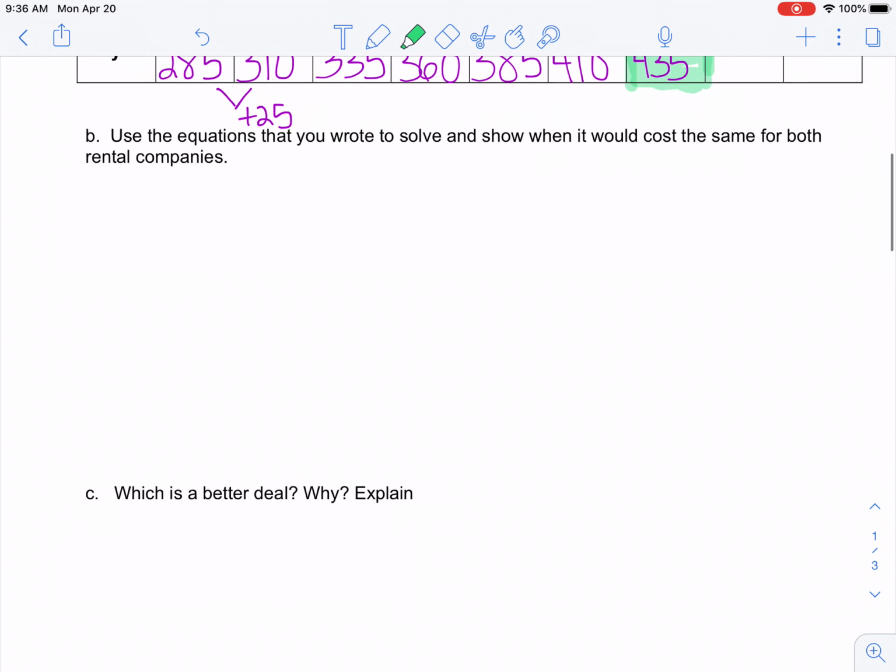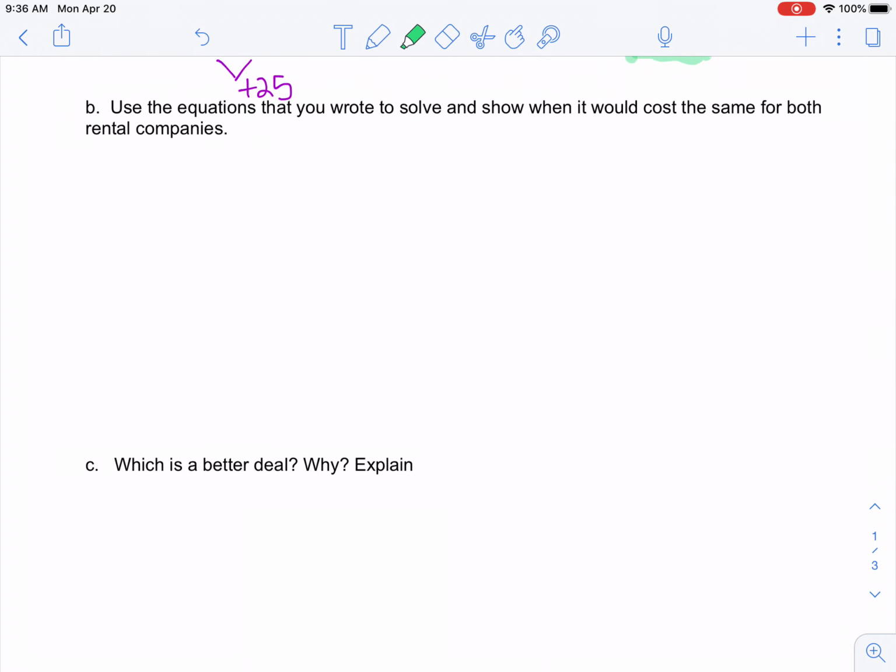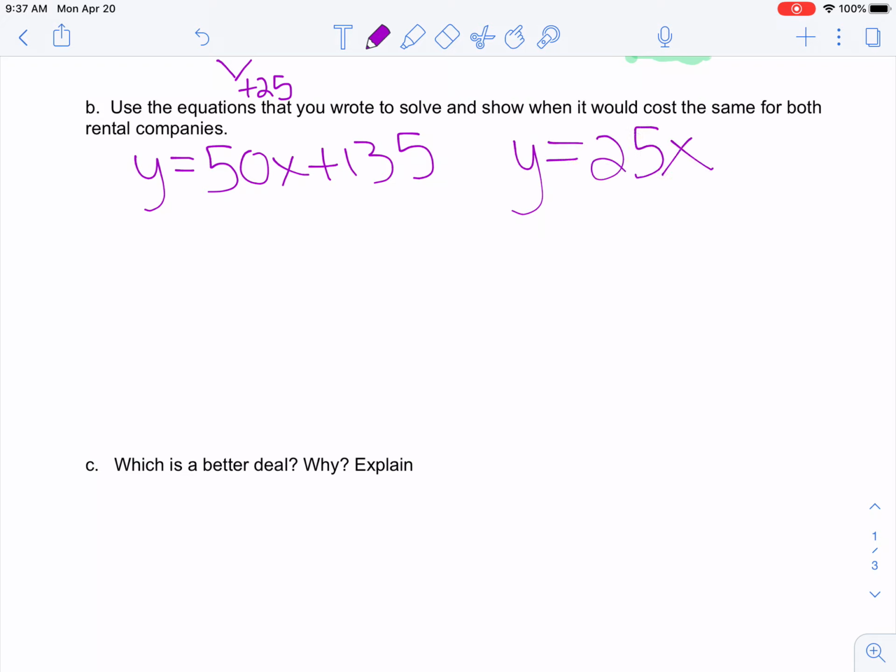Okay, so I said we could use those equations and we could set them equal to each other and find that same information. So the equation we had for Wet Skis was y equals 50x plus 135. And the equation we had for Better Jetter was y equals 25x plus 285.